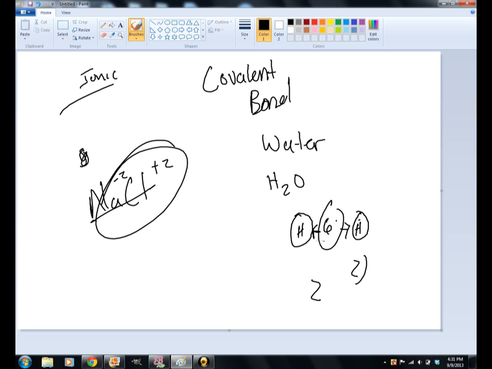And oxygen's happy because it has a total of 8, 6 here, 1 here, 1 here. And covalent bonds share them, so it's more of a figure 8 kind of pattern, which I can show in a different color.